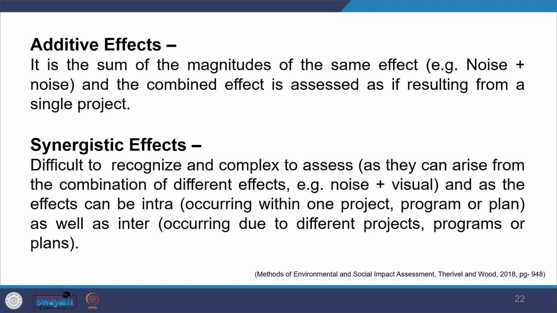So what's the combined effect of that particular effect on the overall environment? That is what we mean when we say additive effect. So noise plus noise would be the cumulative, the resultant effect, which would be called additive effects.